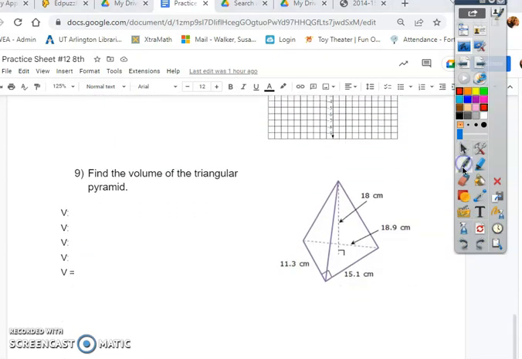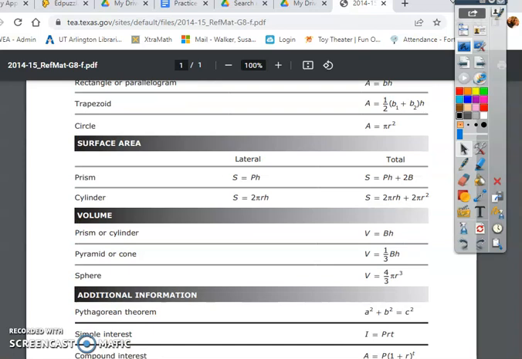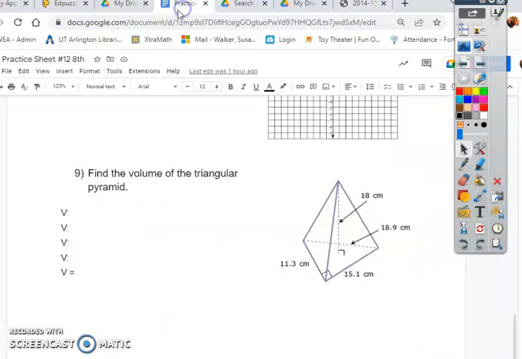Number 9. Find the volume of the triangular pyramid. Make sure you're not looking at surface area. Volume of a pyramid is 1/3 big B h.